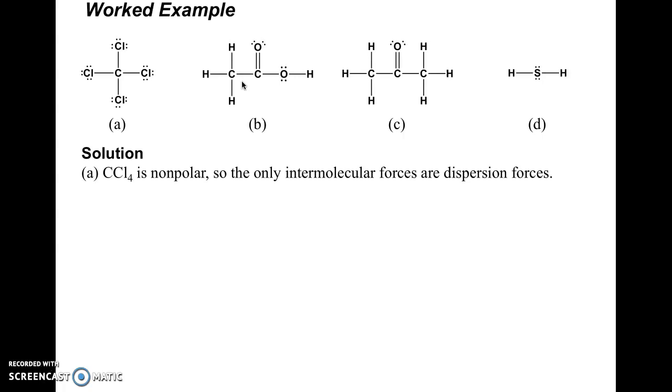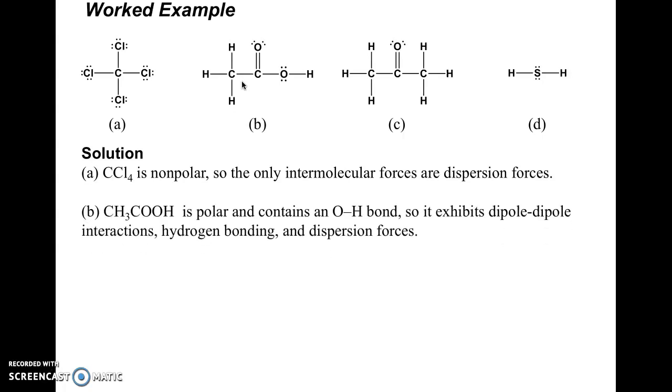Carbon tet, we talked about this before, so you only get intermolecular forces that are dispersion forces, which are the weakest. If you look at this acetic acid, it is polar. It contains an OH bond, and so it has dipole-dipole across that polar CO bond. It has hydrogen bonding because you've got the oxygen bonded to a hydrogen, and you have dispersion forces.